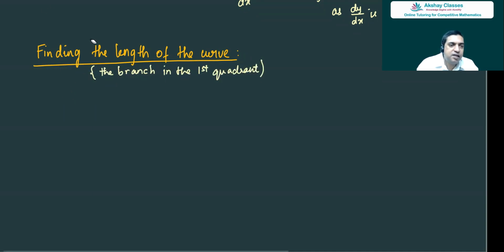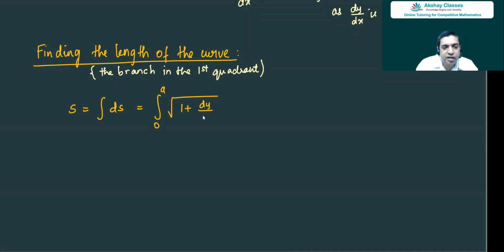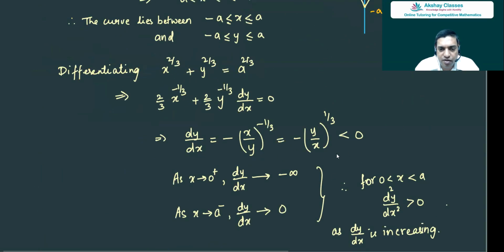So S is integral ds, which is integral 0 to a under root of 1 plus dy by dx whole square times dx. This is what it is. So now dy by dx for this curve we have found here. Dy by dx is this. So now let us solve this.